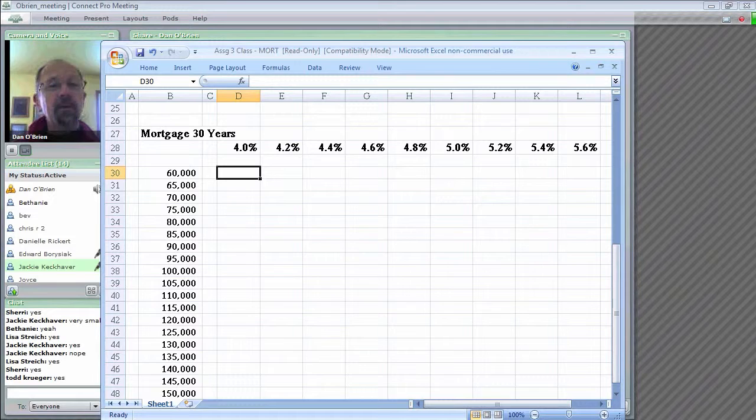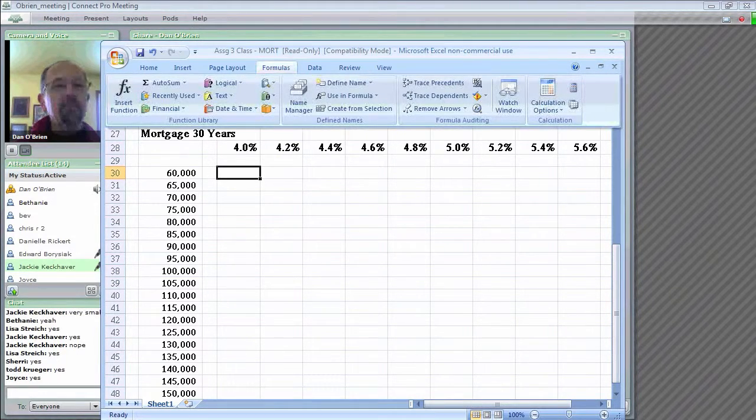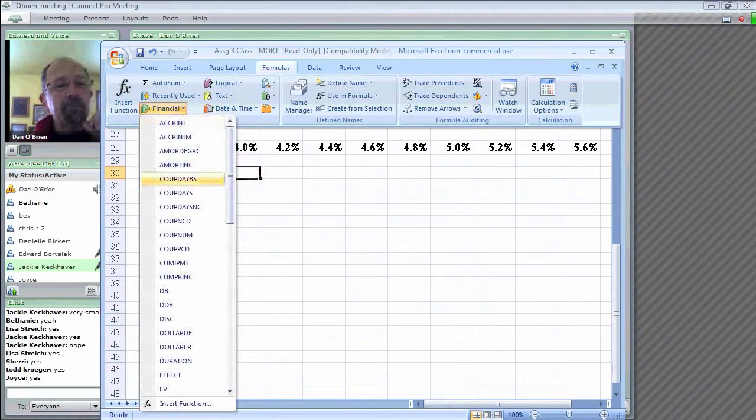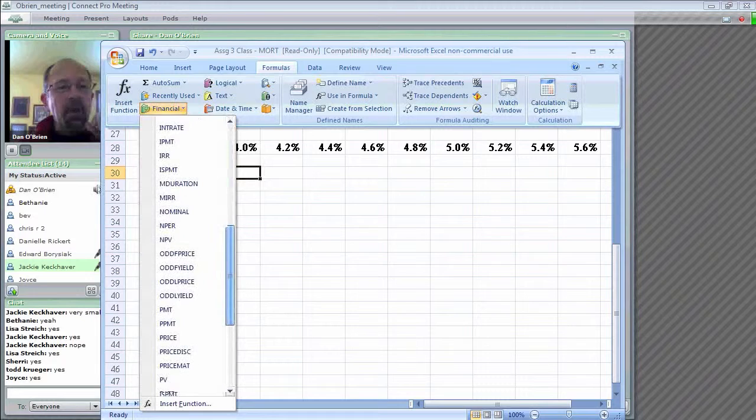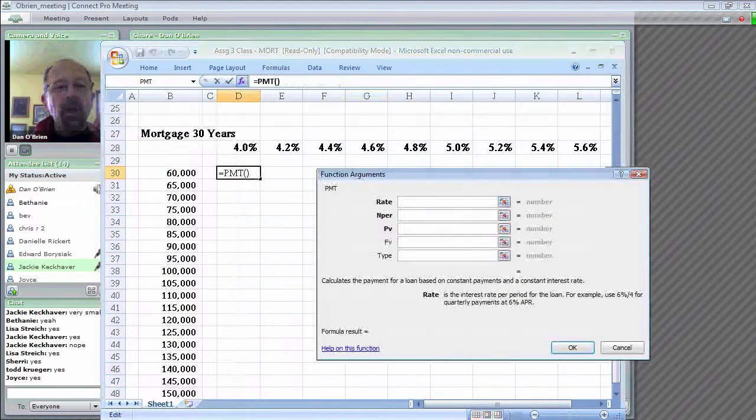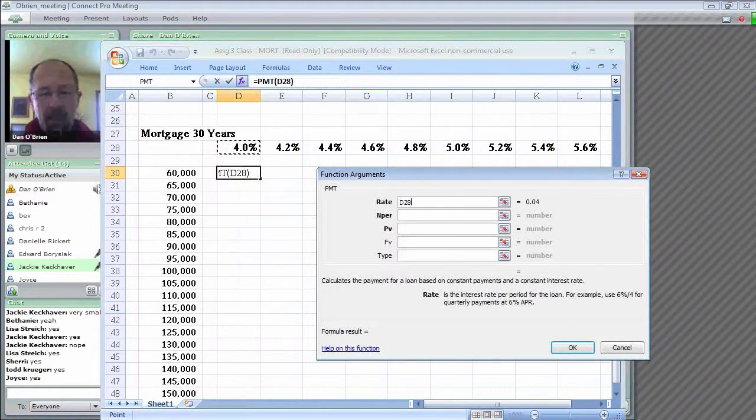But again, we go to formulas. We go to financials. And we're going to be doing up payments. On the payments, the interest rate is going to be now D28. And again, I will divide by 12.